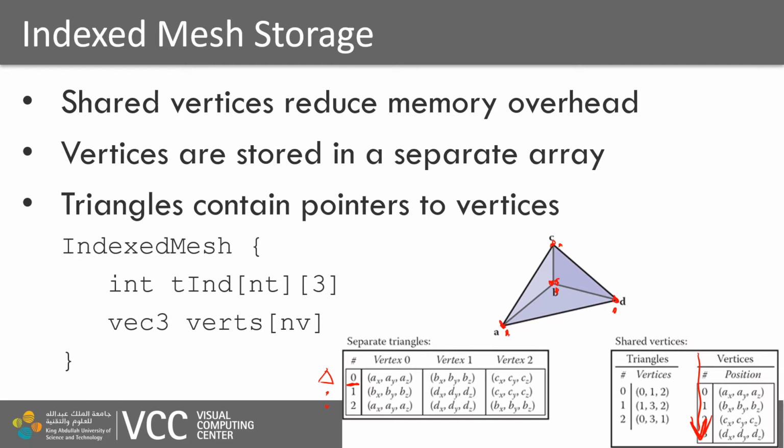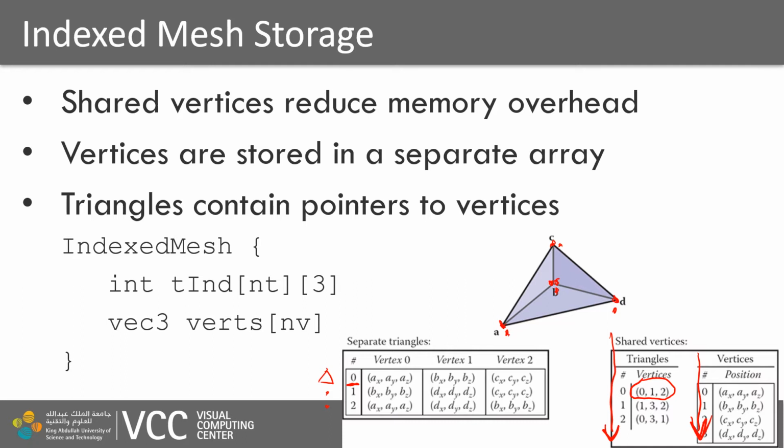And then we have another array of triangles in which we list our triangles, and we only list which vertices the triangle consists of. So in triangle 0, we will have information that it consists of vertex 0, 1, and 2. So it will be the coordinates of the points A, B, and C.